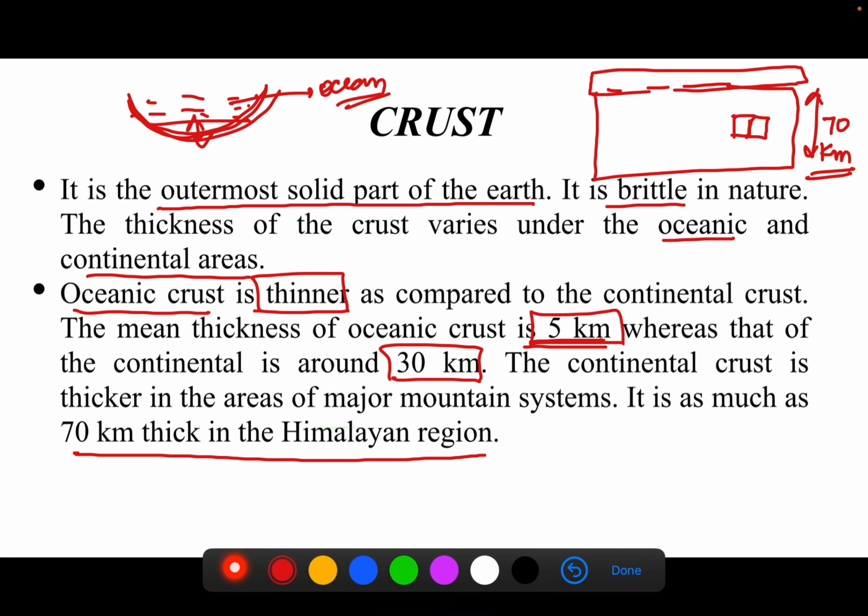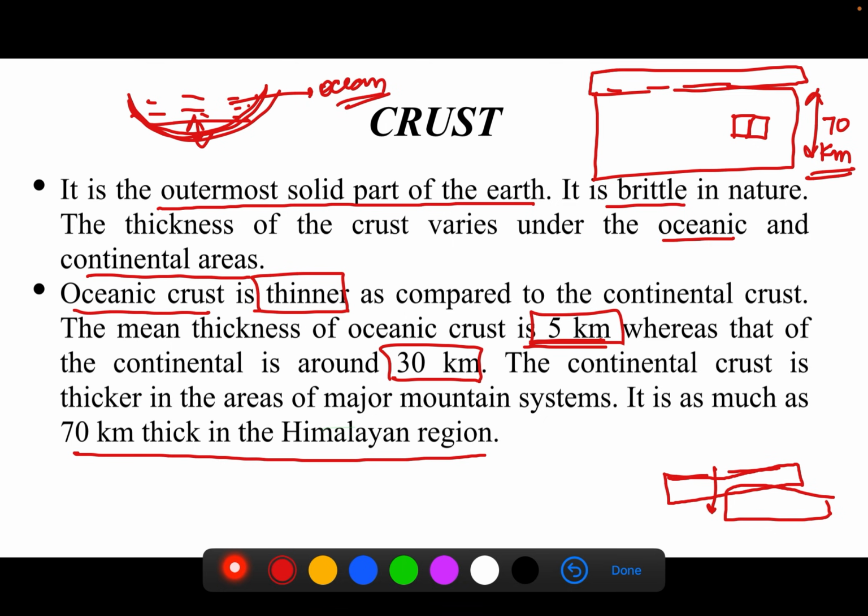There can be two types of crust. One is oceanic crust and one is continental crust. Continental crust is much wider, whereas oceanic crust is much thinner. Oceanic crust is below the oceans, continental crust is below the continents. When we see the formation of mountains such as the Himalayas in Indian geography, we will see that one crust has come over another crust.